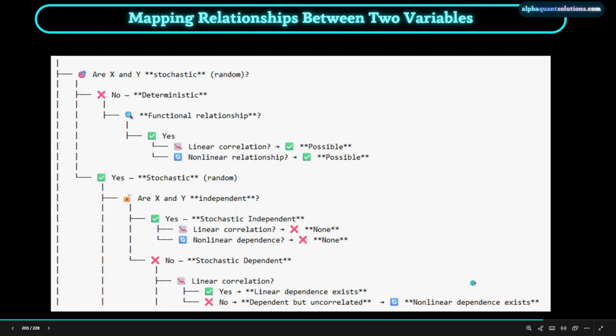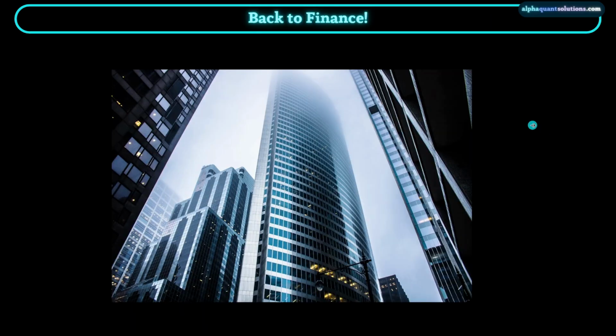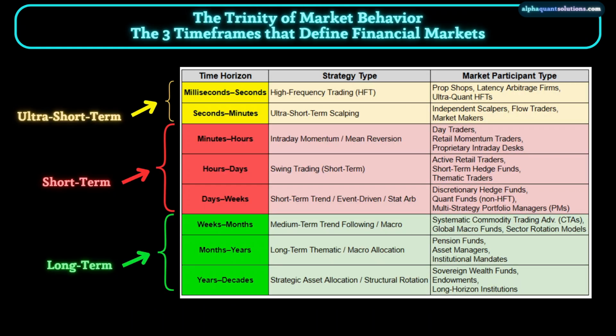Now we are done with the engineering part of the video, and now we're going back to finance. So here we want to revisit a table we introduced in a previous video where we talked about the three time frames that define financial markets, or the way we like to call it, the trinity of market behavior.